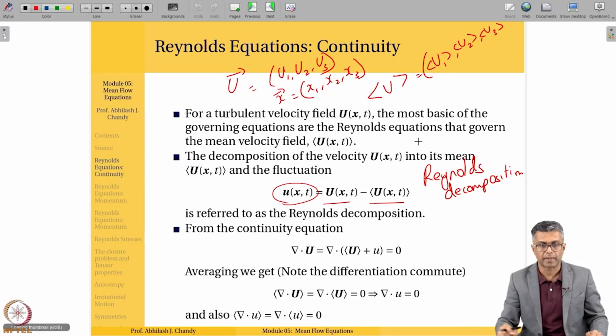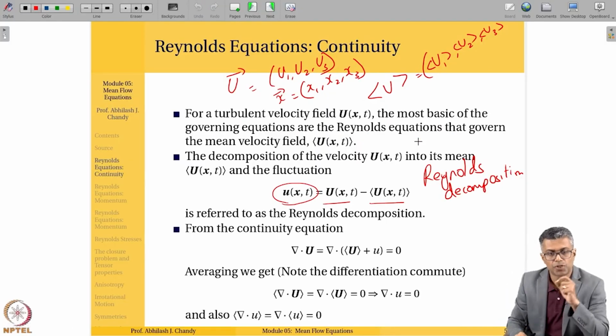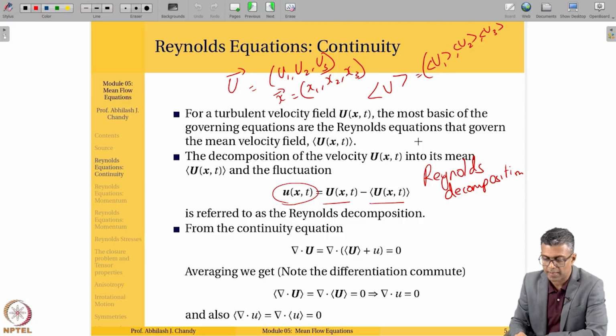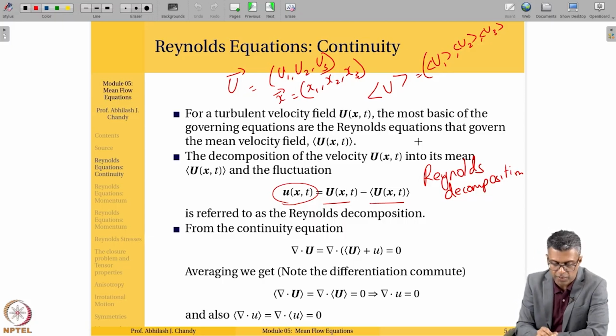Now, once you know that the mean of the fluctuating velocity is 0, let's start with the continuity equation. What we know is that the continuity equation is del dot u, and you decompose the u, because that's your instantaneous, into u mean plus fluctuation. That has to be equal to 0 according to continuity.